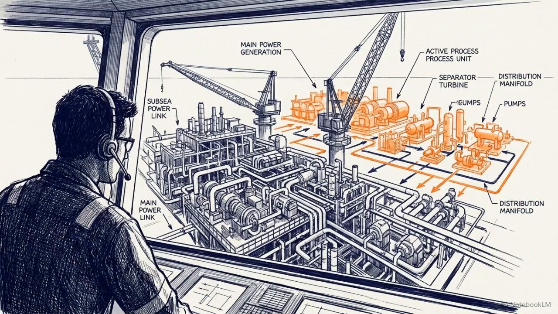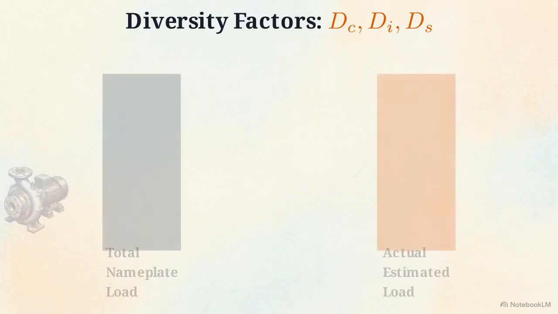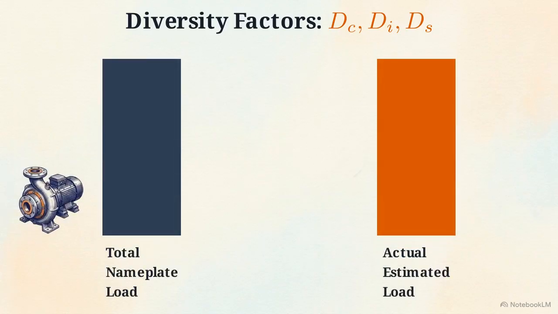Once every load is mapped, we face a physical reality of industrial power systems. All of that equipment will rarely, if ever, operate simultaneously at its maximum nameplate rating. To account for this, we use this bar chart to demonstrate diversity factors, represented as DC, DI, and DS. These are mathematical multipliers used to scale down the theoretical sum of all connected loads into a realistic operational demand.